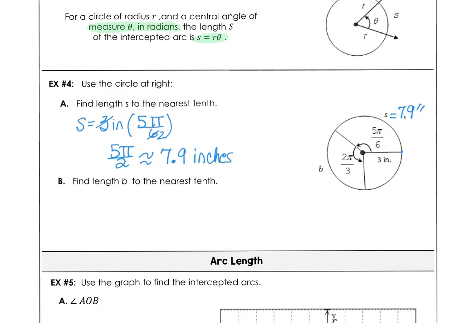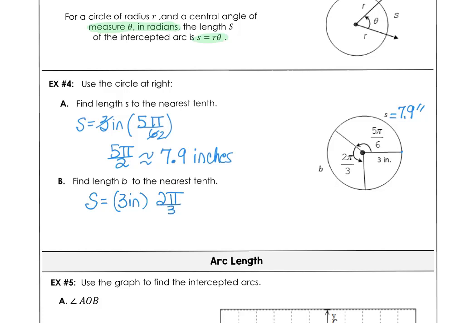Okay, and then in part B, we want to find the length B to the nearest tenth. So the length of B goes from here to here. It still has the same radius of 3 inches because this radius and this radius are all the same. And our theta is 2 pi over 3. So S equals the radius in inches times our theta, 2 pi over 3.